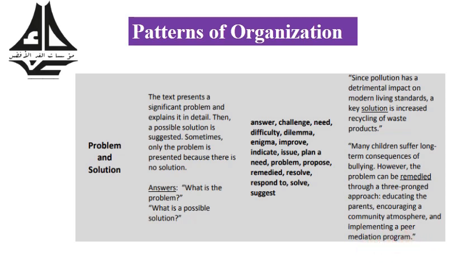So, again, the pattern of organization in a paragraph is problem and solution if the paragraph talks about a problem or presents a problem and then suggests a solution or maybe more than one solution.